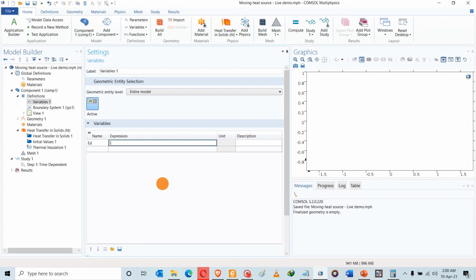It is equal to the pulse energy divided by pulse width times the area, which is pi times 0.25 times the diameter of the laser beam squared. So that's the energy density.